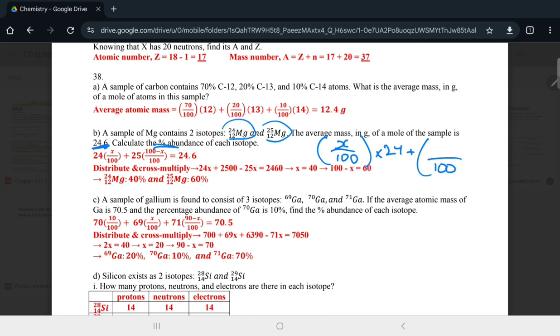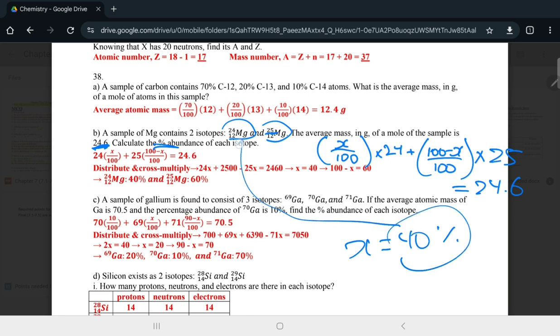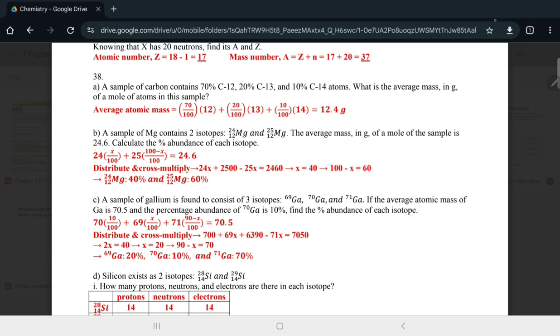If this one is x and the total is 100 and we only have two isotopes, then it's 100 minus x. And this one we multiply by 25. And we make it all equal to 24.6. Plug this into the calculator and you will get x equal to 40. So 40% for this isotope. And for this isotope, you do 100 minus 40, which gets you 60%.